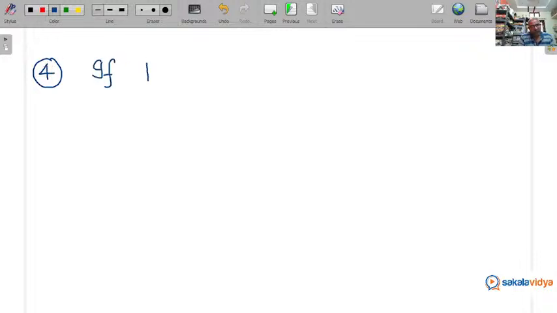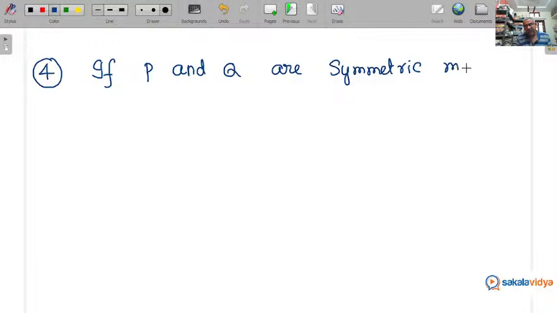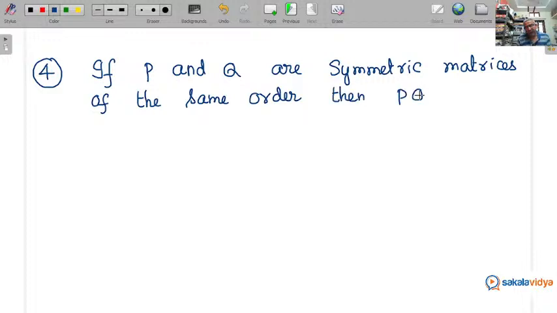If P and Q are symmetric matrices of the same order, basically they are square matrices only, then PQ minus QP is: the product of two matrices P and Q is also a matrix, and Q and P is also another matrix. So, the difference of these two matrices, PQ minus QP, is.